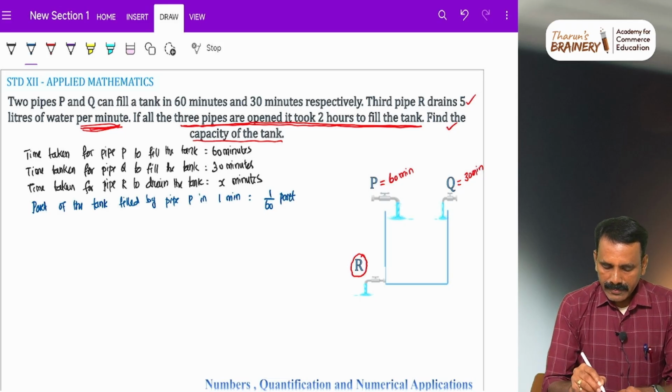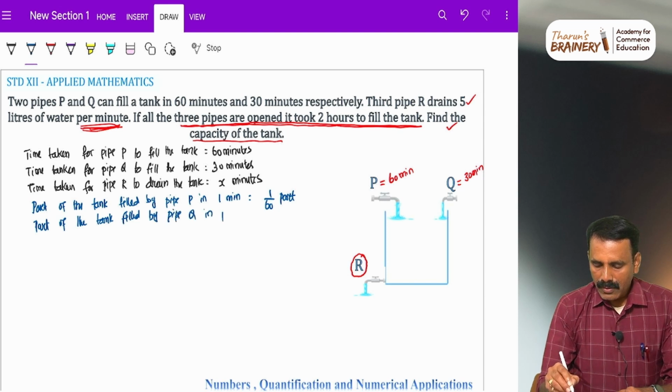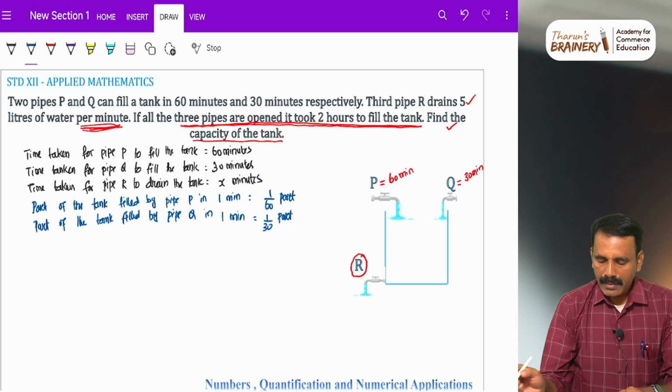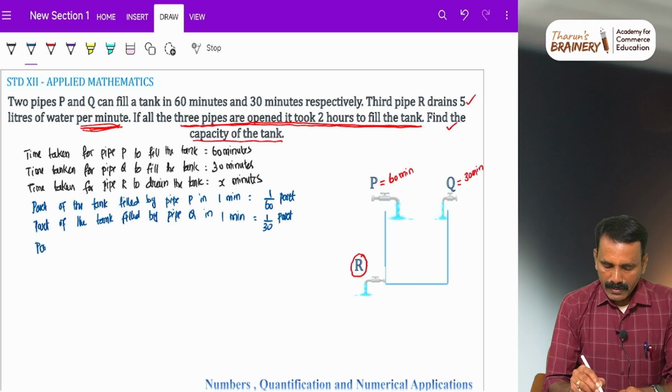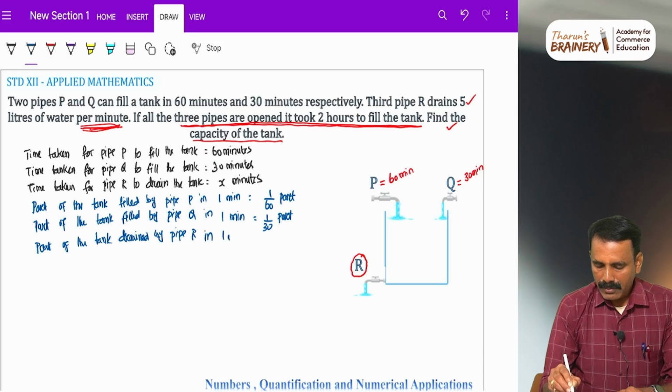And same way, part of the tank filled by pipe Q in 1 minute will be 1 by 30 part. And part of the tank that is going to be drained by pipe R in 1 minute will be 1 by x part.